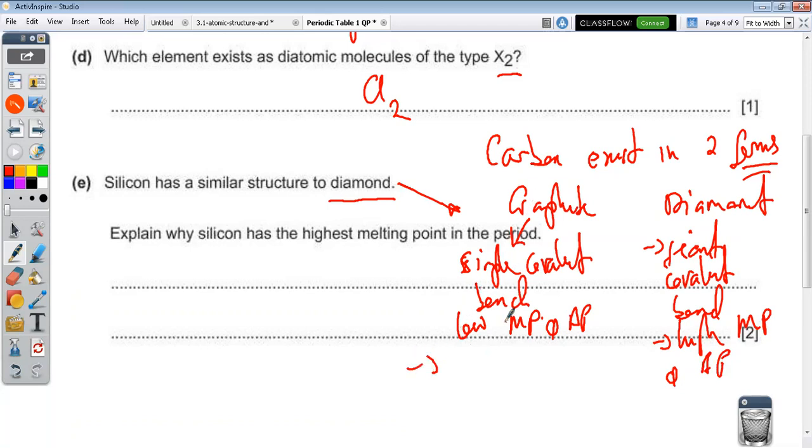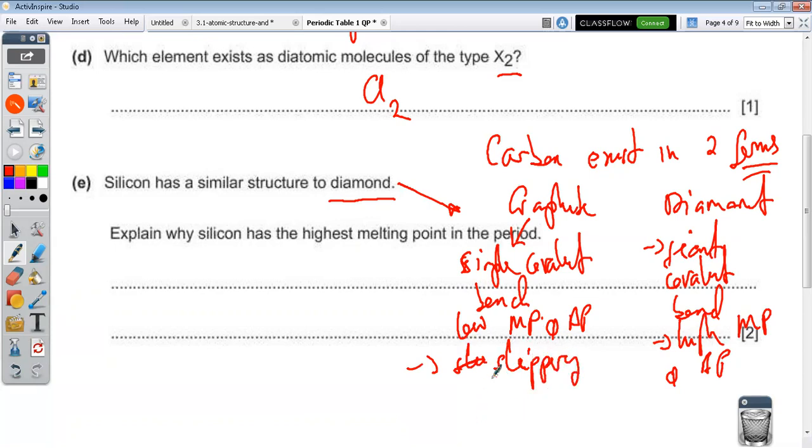This one here, graphite, is slippery. What's the spelling of slippery, by the way? You do English. Double P. Slippery.